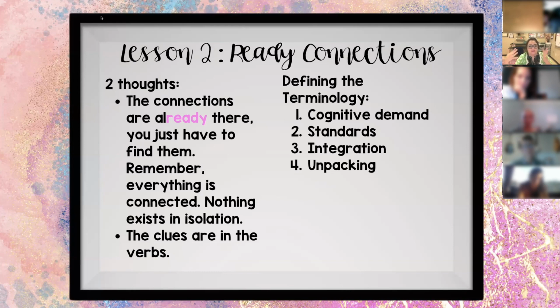Integration: everything's connected. We talk about arts integration, but really it's not just about arts integration. It's about everything being connected. I feel like we're really doing kids and students a disservice when we try to isolate subject matter. I mean, since the dawn of time, we've had math class and then reading class and then science class.